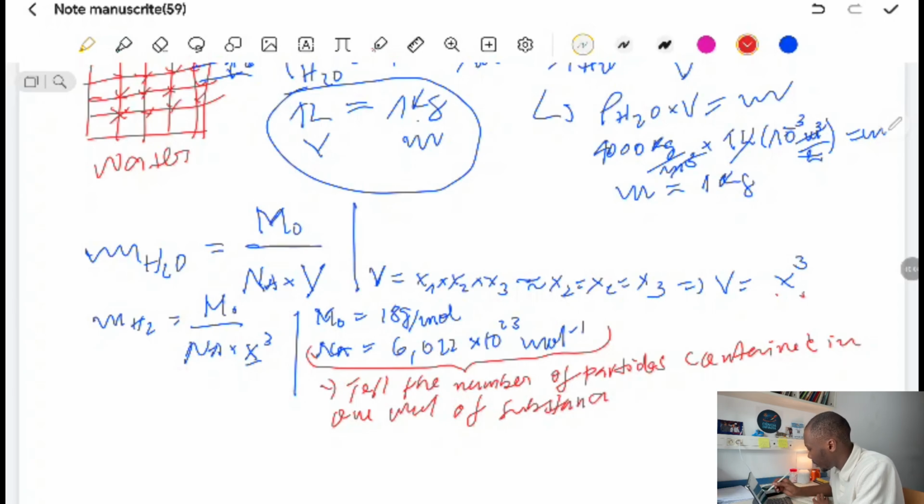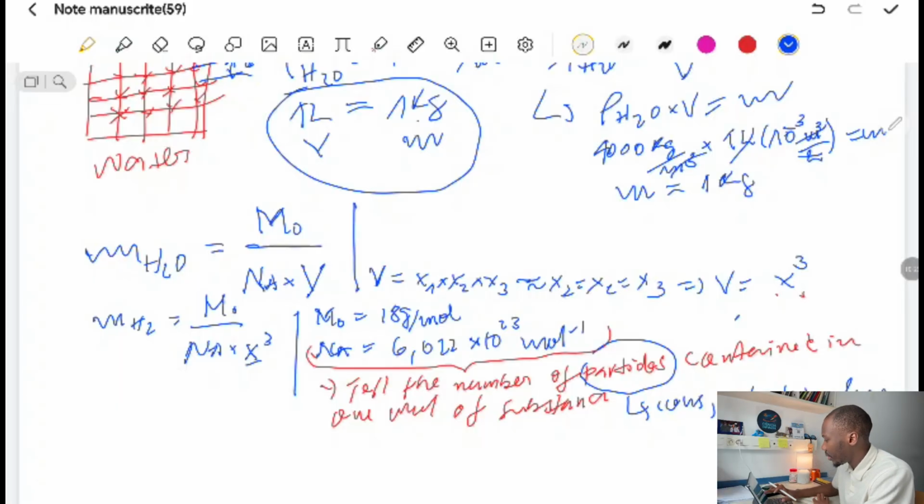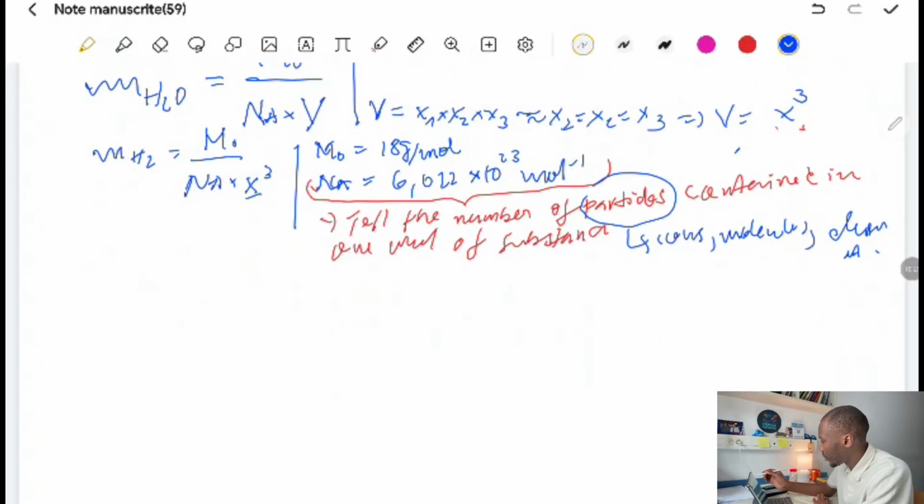So these particles can be ions, can be molecules, can be electrons, and etc.